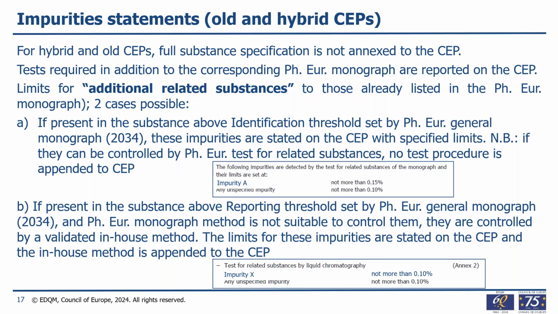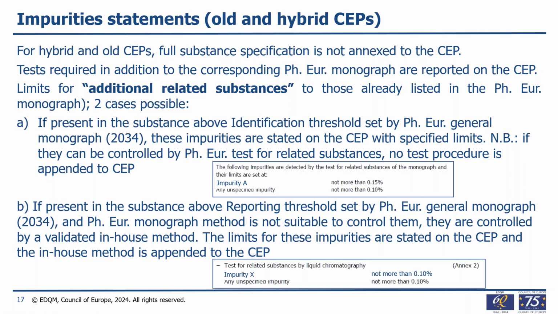For example, impurity A is present higher than 0.10, the identification threshold, and it is limited at 0.15. It is a specified identified impurity by the test of the monograph.